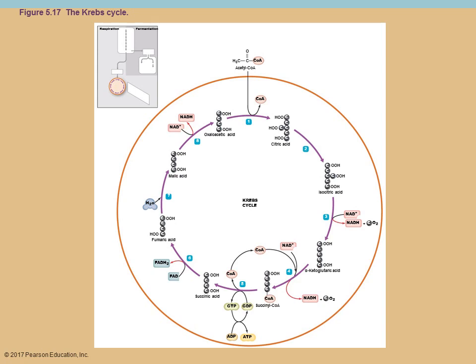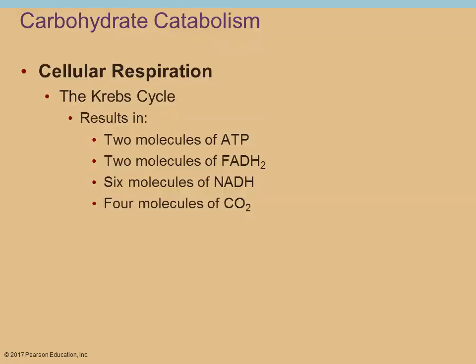We compare everything on a per glucose molecule basis. So you have to think this went around twice. So you actually had 6 NADHs, 2 FADH2s, and 2 ATPs being generated from this whole process, as you can see here. And you also generated 4 molecules of carbon dioxide.